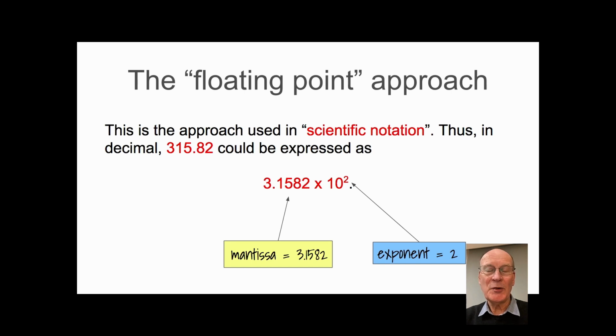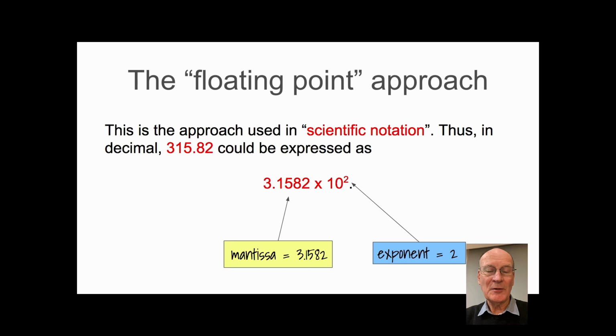So in this case, 315.82 would be 3.1582. Notice we've moved the decimal point 2 places, and so we multiply by 10 to the 2, 10 squared. And that's the scientific notation.